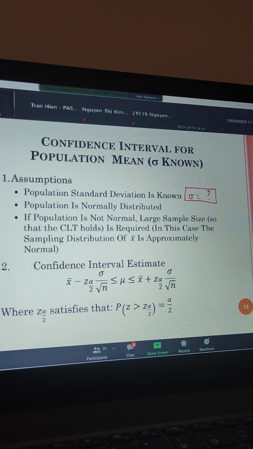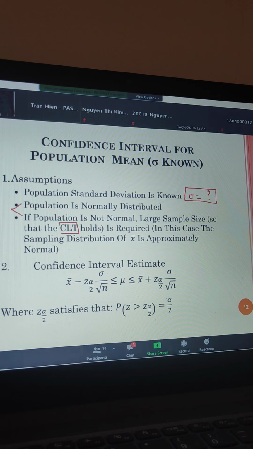For the second step, you have to make sure that your population is normally distributed, or if the population is not normal, you can apply CLT.